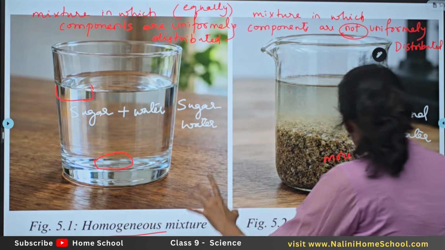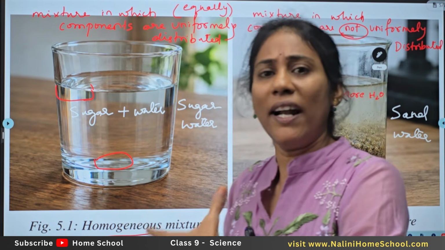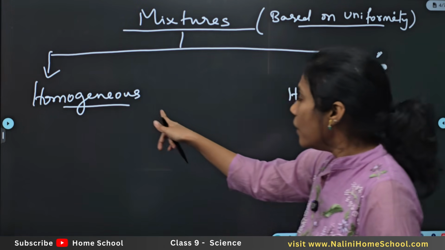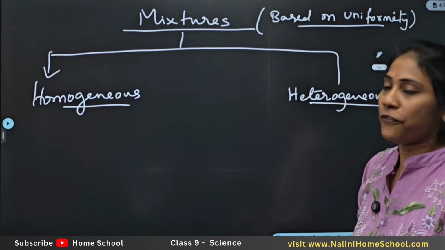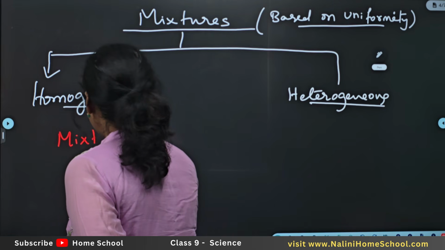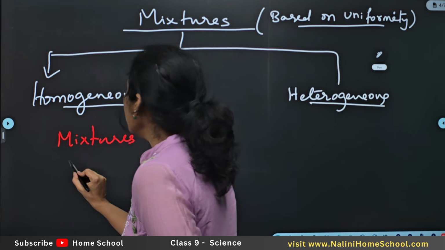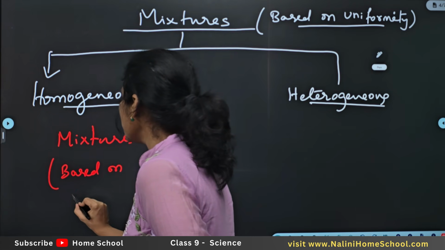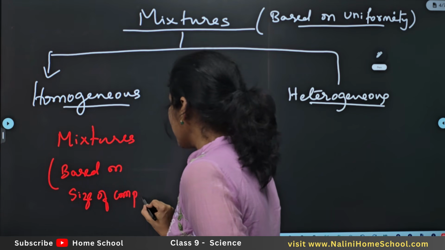So now, these two are one type of classification of mixture. Like I already said, homogeneous and heterogeneous are classified based on uniformity. But mixtures are also classified based on the size of component particles.